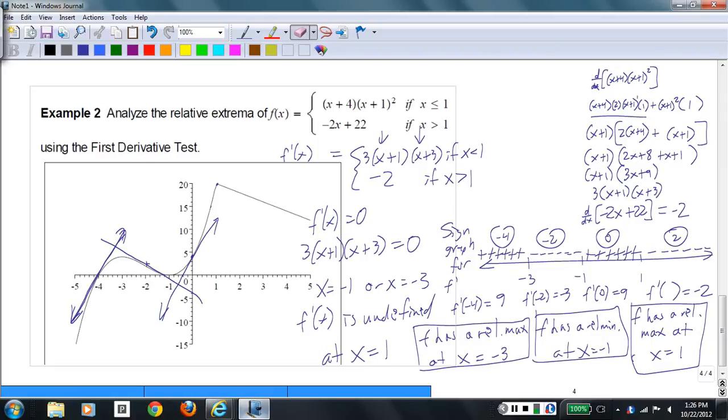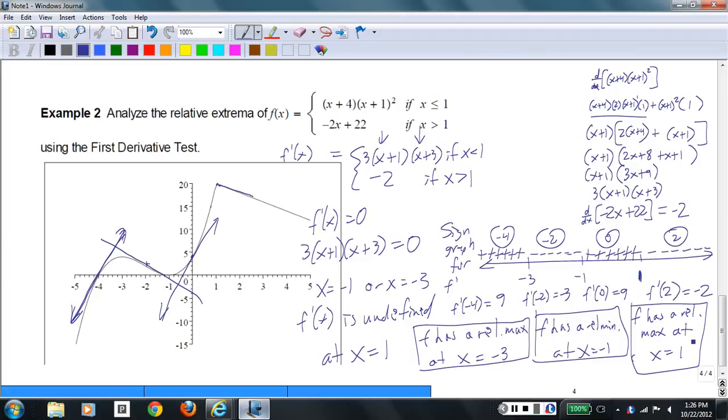F prime of 2 is negative, but I do mean at x equals 1, because 1 is the one we were testing. The test number 2 was inside the interval. I evaluated it and found a negative slope of -2 there. And because it's positive going into x equals 1 and negative coming out of x equals 1, f has a relative maximum at x equals 1. Sorry about that.